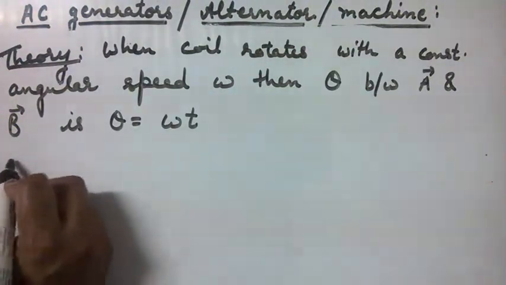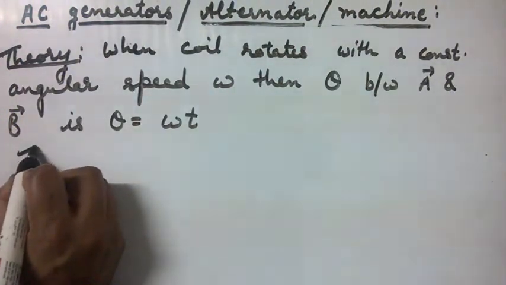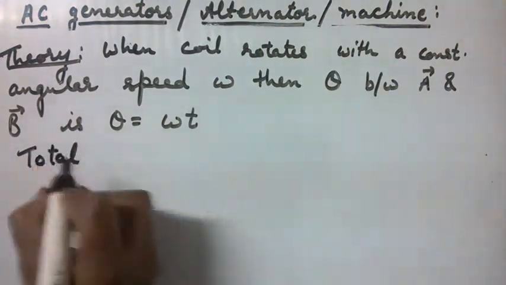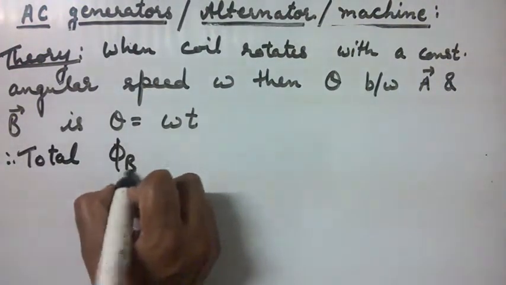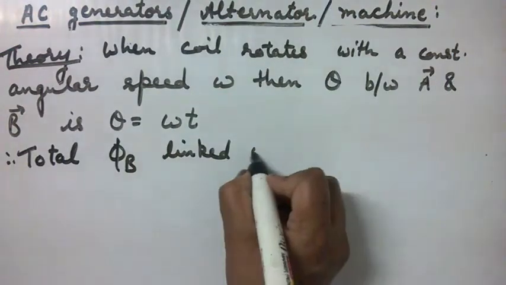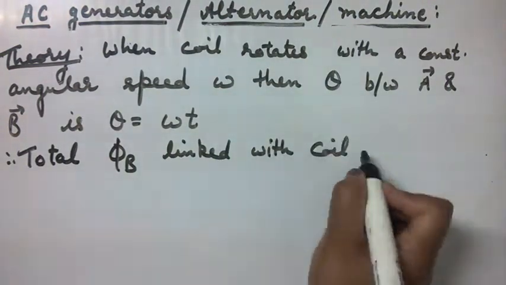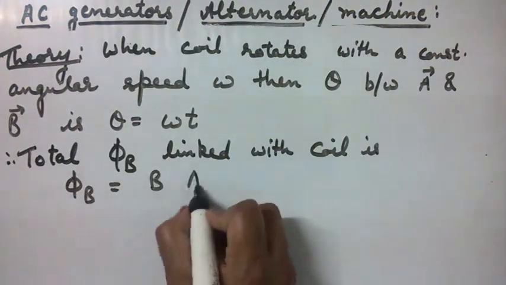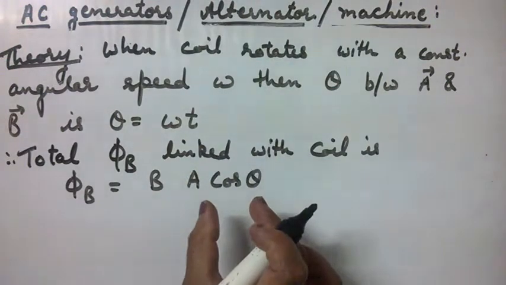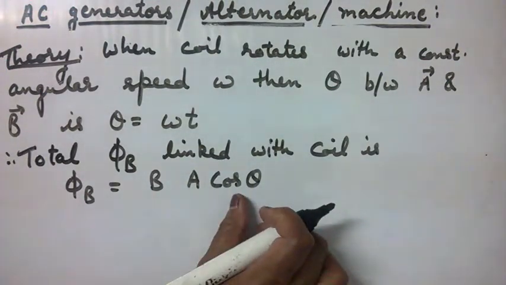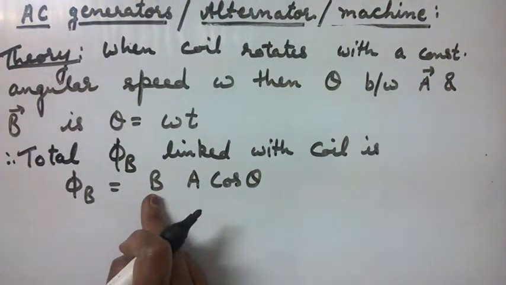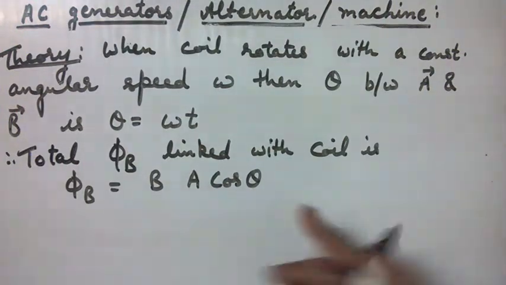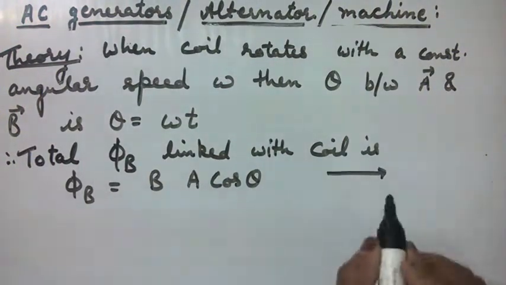Now, the total magnetic flux linked with the coil is B into A cos theta. Here we are taking the component of area, that is A cos theta, which is normal to the uniform magnetic field. यहाँ पे area A नहीं लेंगे, A का component होगा A cos theta, which gives maximum magnetic flux.